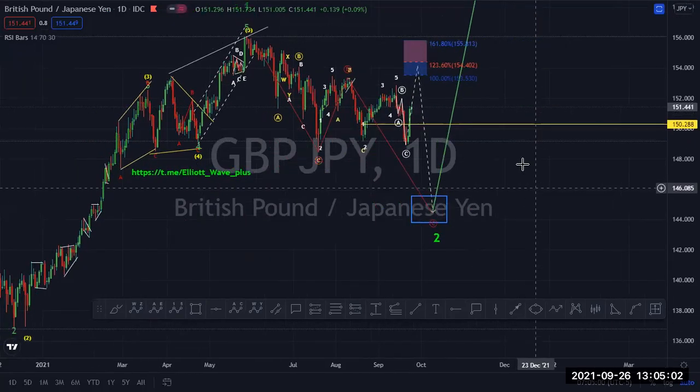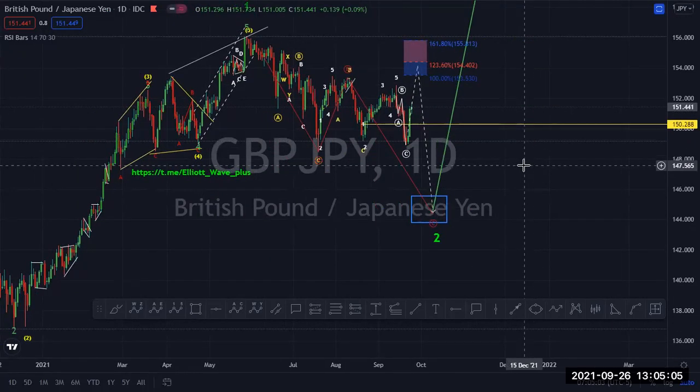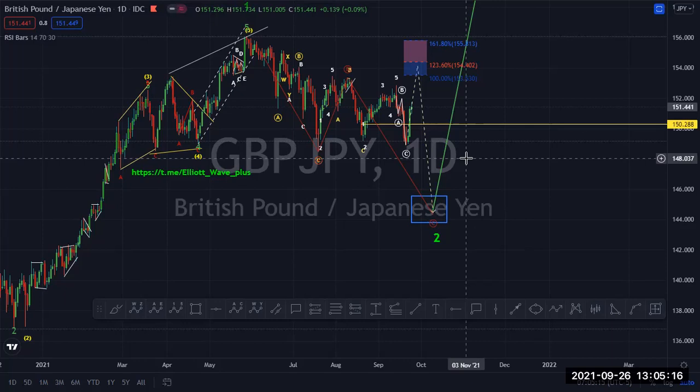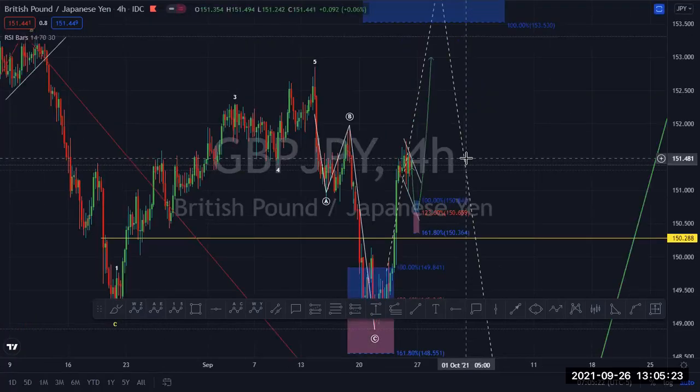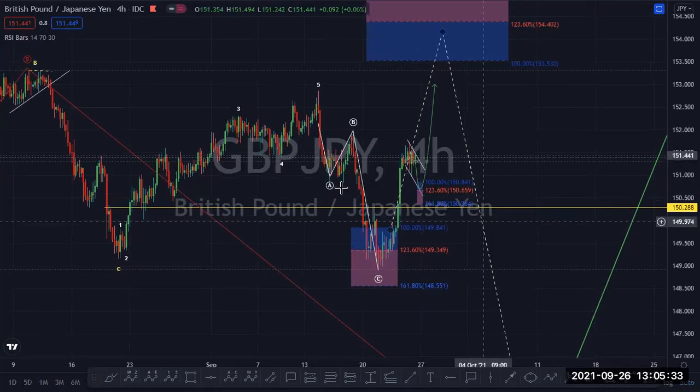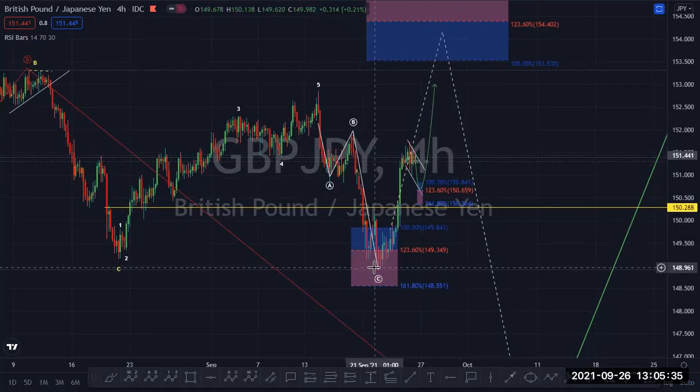Pound JPY is correcting, and it seems it will still go deeper in the correction, though we are seeing a strong move up at the moment. Let's see 4 hours. On 4 hours, it confirmed a buying from here.